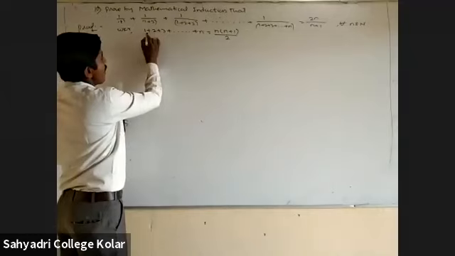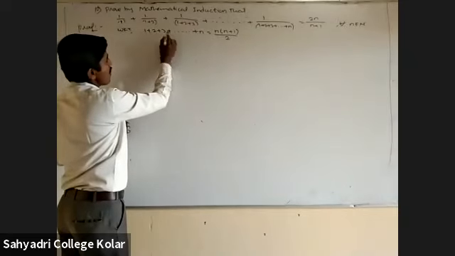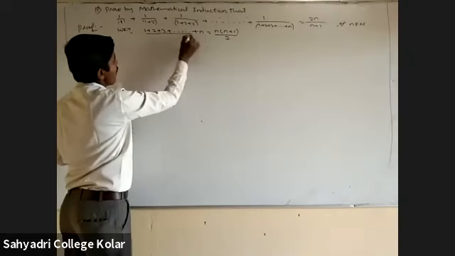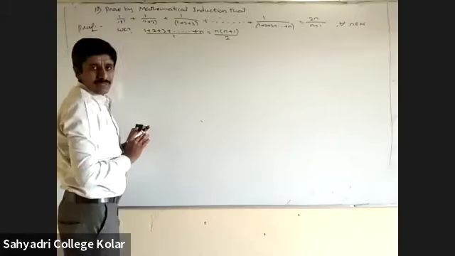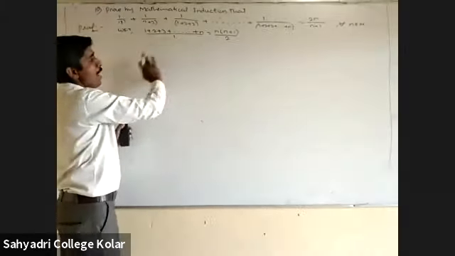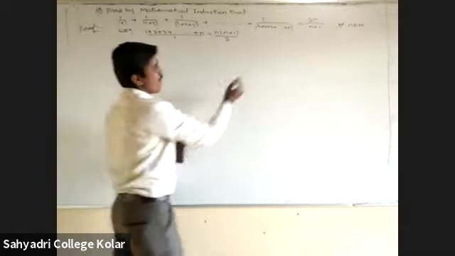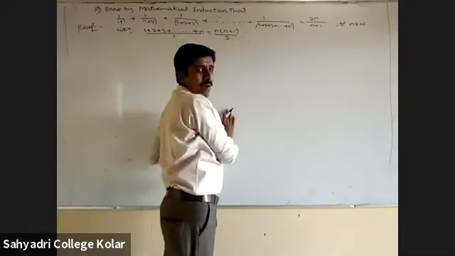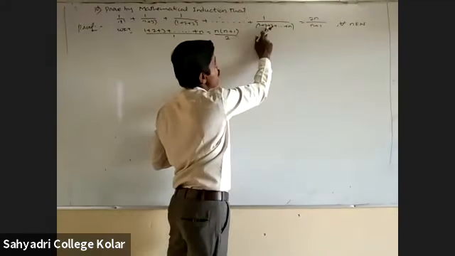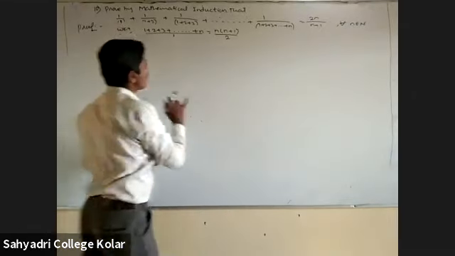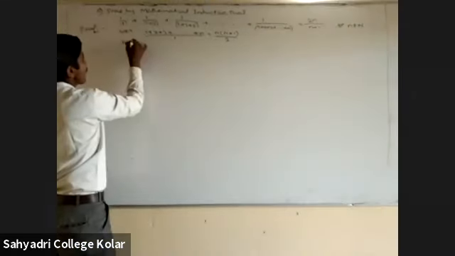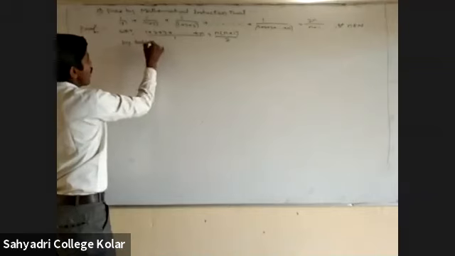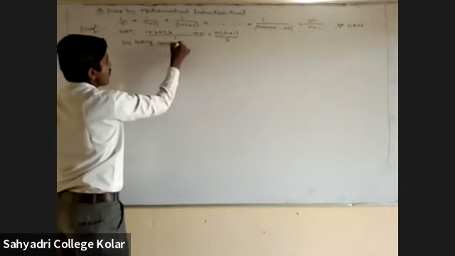So here the numerator is 1 plus 2 plus up to so on plus n, and the denominator is 1. Understood? I am taking the reciprocal on both sides because I am going to find the value of 1 by 1 plus 2 plus so on plus n.